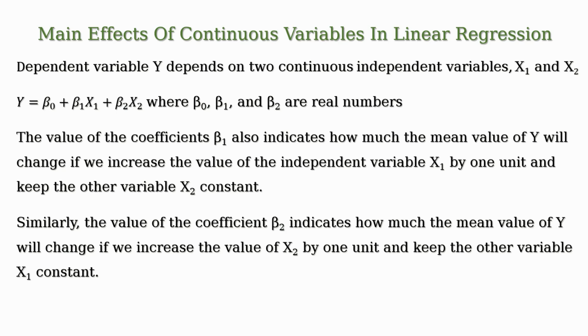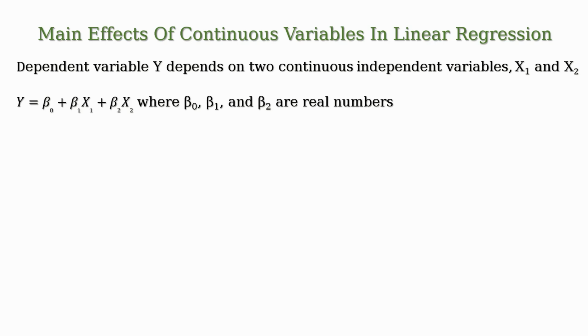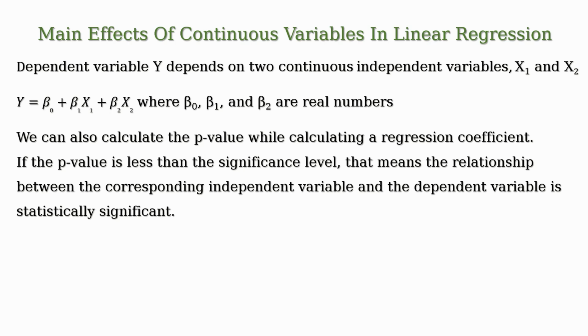So, the coefficients in regression analysis help to determine the strength and direction of the relationships between the independent variables and the dependent variable. And the p-value indicates whether the relationship is statistically significant.